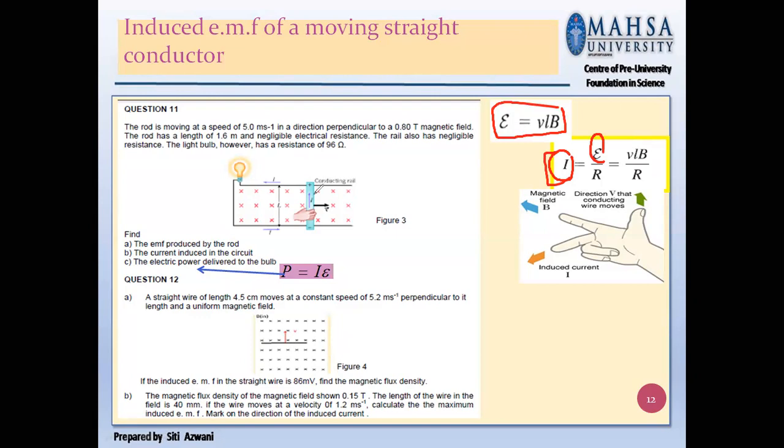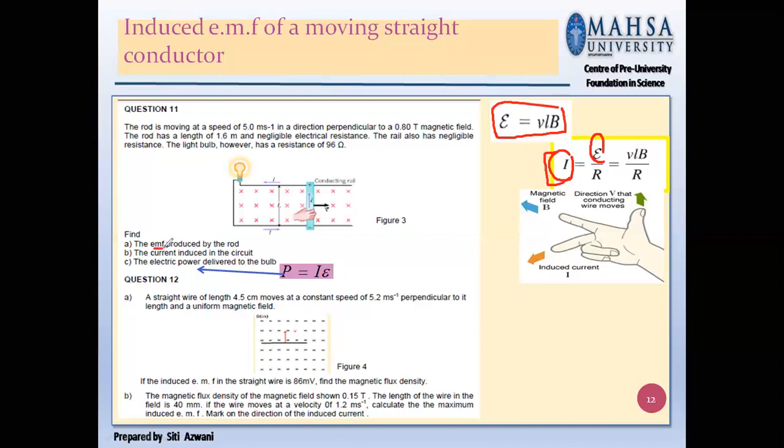You have the direction of your conductor to the right, so you can see the direction of the velocity on your conductor. Here also is a question under the induced EMF of a moving straight conductor. You have a conductor here, and it shows the direction of your conductor is going up.